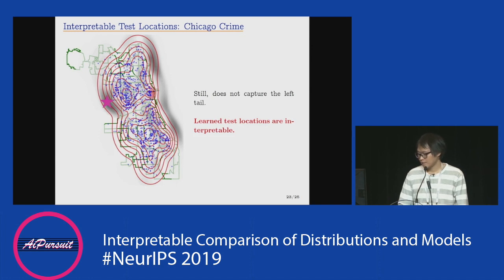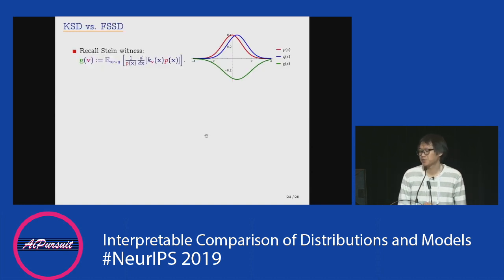Okay, so here's the last slide of this tutorial. I have introduced two test statistics for the goodness of fit testing. The first one was KSD, and the second one was the linear time extension, the FSSD, right? So when do we use KSD or FSSD?